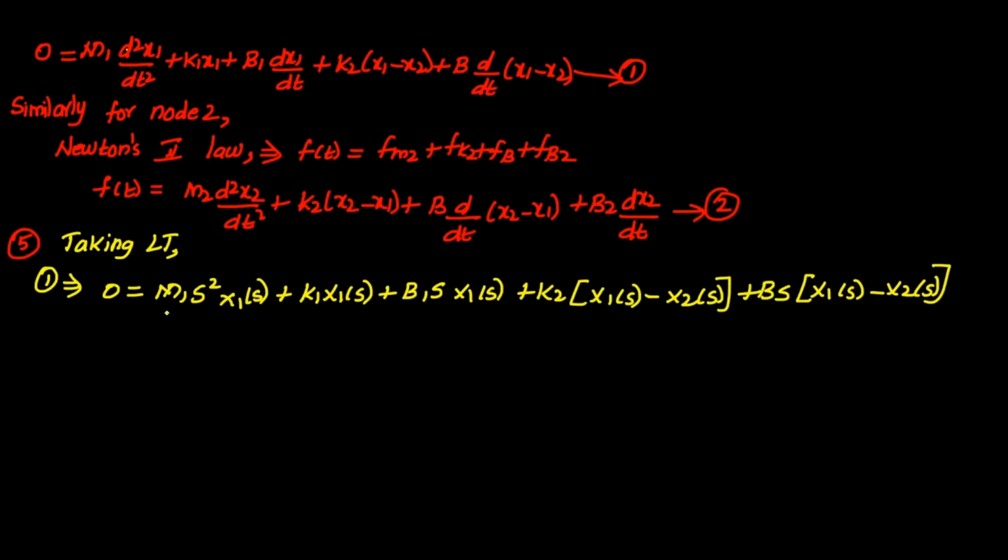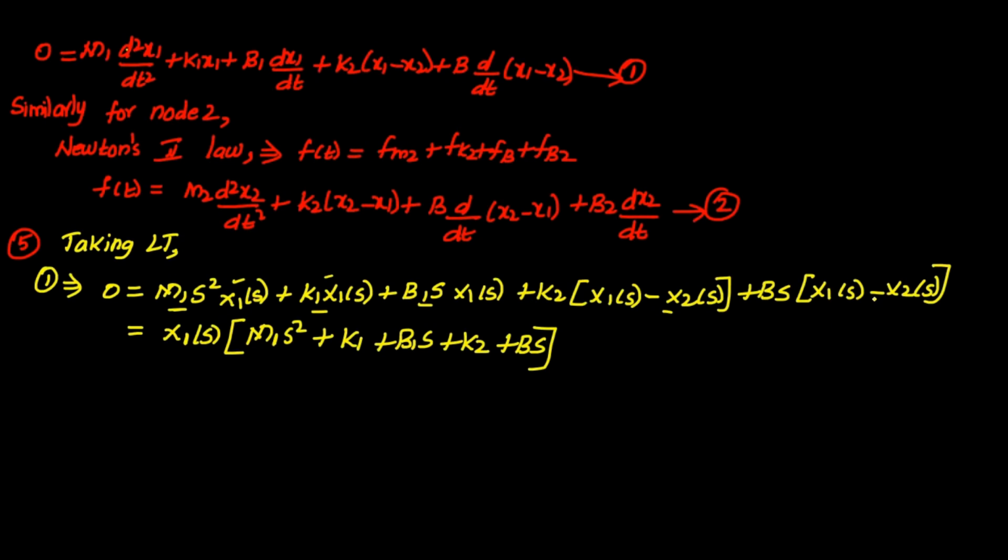So if you see these terms, we have more number of x1 of s and few number of x2 of s. So we are taking x1 of s and x2 of s as common factors outside. So while taking x1 of s as a common factor, what are the variables? m1 s square plus k1. Similarly, plus b1 s. Next is plus k2. Next is plus bs. Okay. Similarly, when you take x2 of s as a common factor outside, minus is also a common factor.